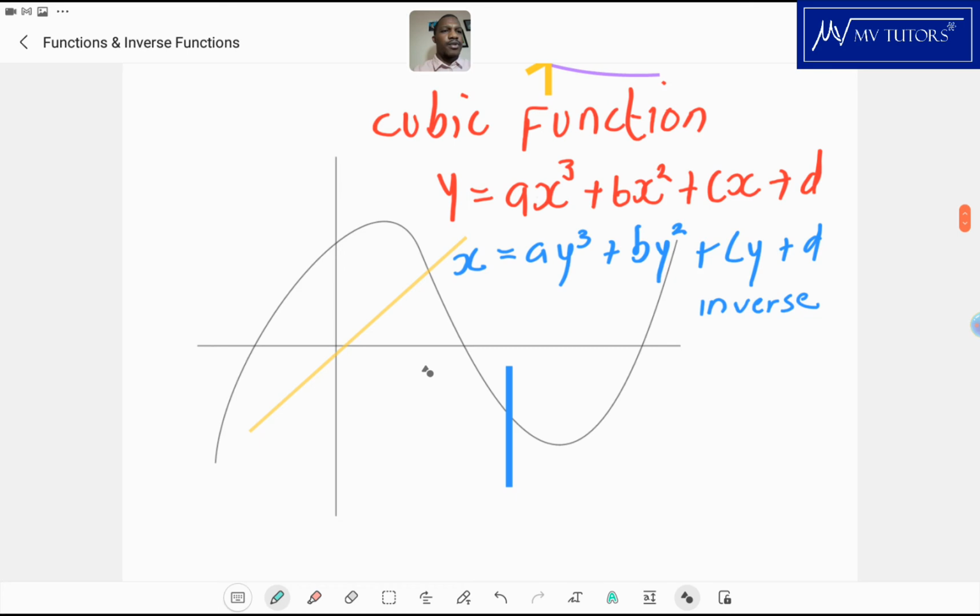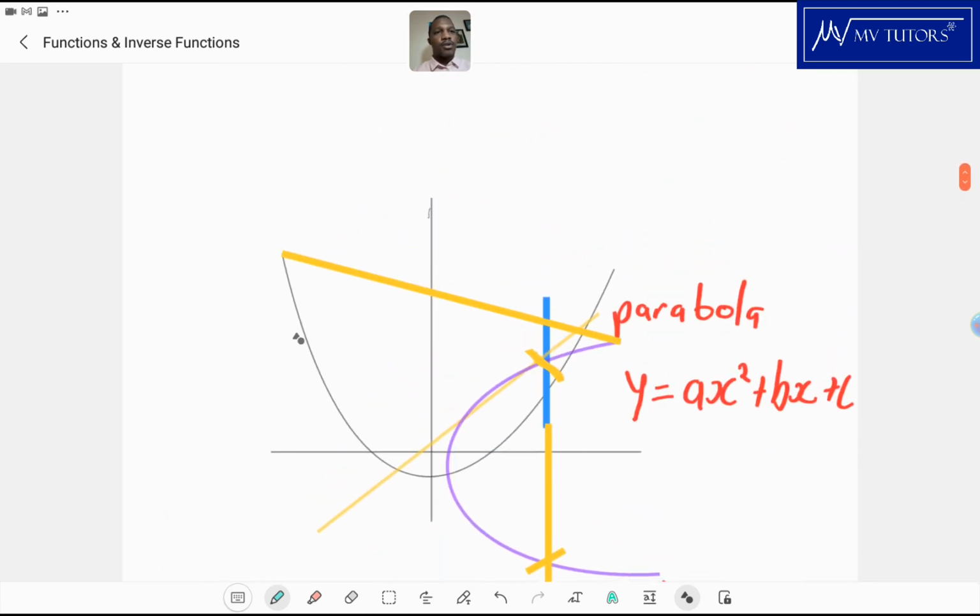Now here we go. If we apply it here, it cuts 1, 2, 3 times. So the inverse of this is not a function. Okay, so you see what I mean. Also, if I apply it on this one, a parabola, it cuts once, twice.